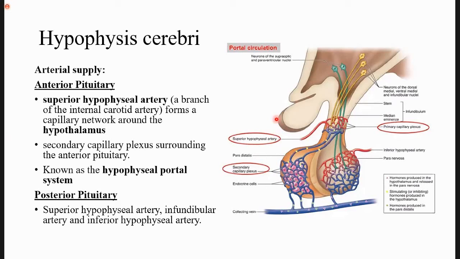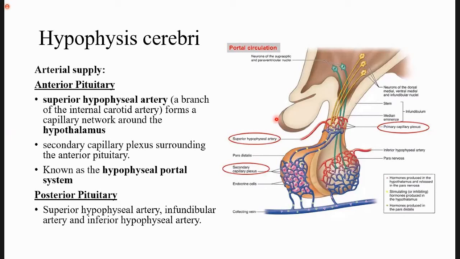But at some places in the body, there are two sets of capillaries, right? First, the blood comes from the heart via its branches, as for example here, by the branch of the internal carotid artery, the blood goes into the pituitary stalk, and then the vessel breaks up into capillaries, right?